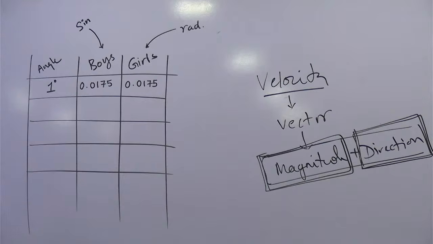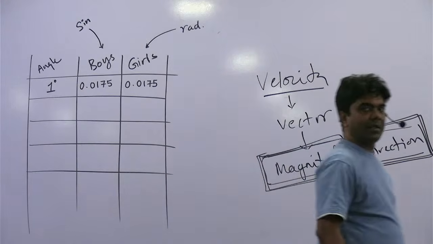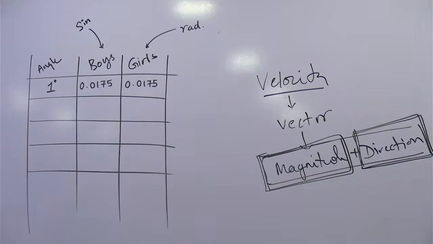Did you get it? Okay, right? What are the values? 0.017.